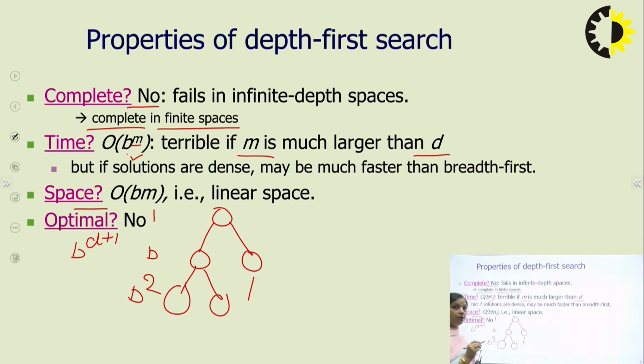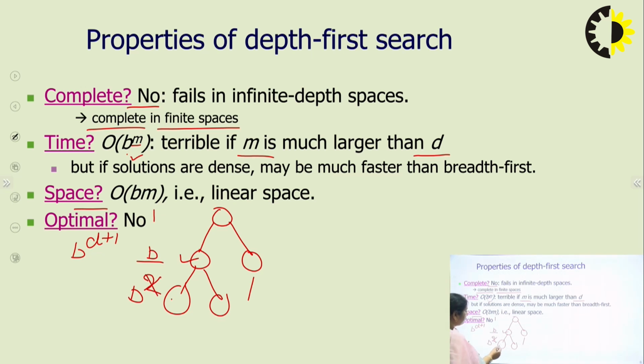But when we talk about depth first search, it takes the first node and expands it, so we get B nodes. Among these only one will be checked in depth. When we go to the next level, only the successors of that particular selected node are generated. So here again we will have B nodes only.